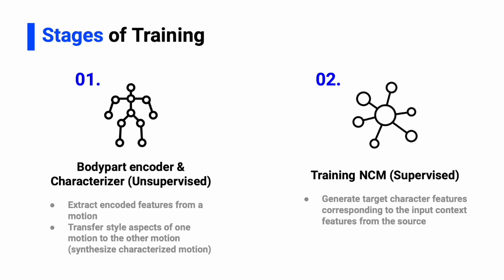Then characterizer transfers style aspects of one motion to the other motions, such as motion style and skeleton proportions, to synthesize characterized motion. Second stage is training NCM, which is neural context matcher, in a supervised way to generate target character features corresponding to the input context features from the source.